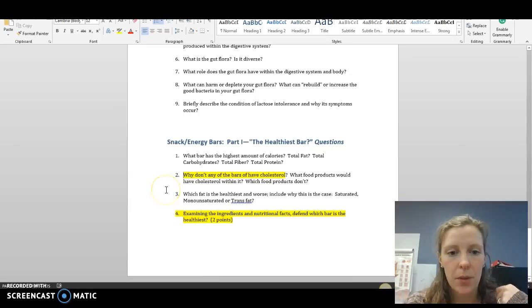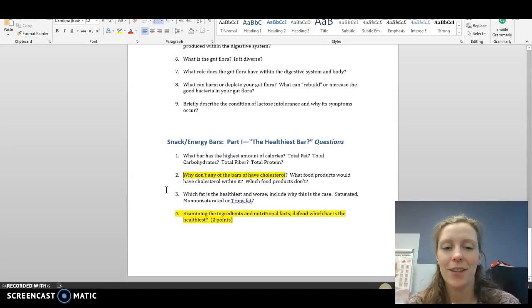The last part: you are asked to examine different health bars and really determine if you think that they are healthy. Number 2 asks why the bars don't have any cholesterol, and I want you to really think through that. What's missing in the ingredients list? What don't they have that doesn't contain cholesterol?